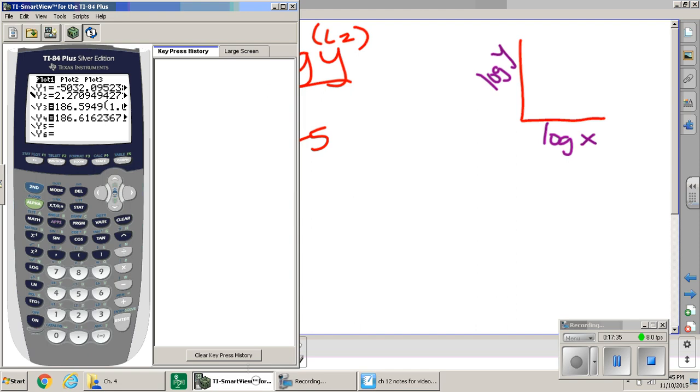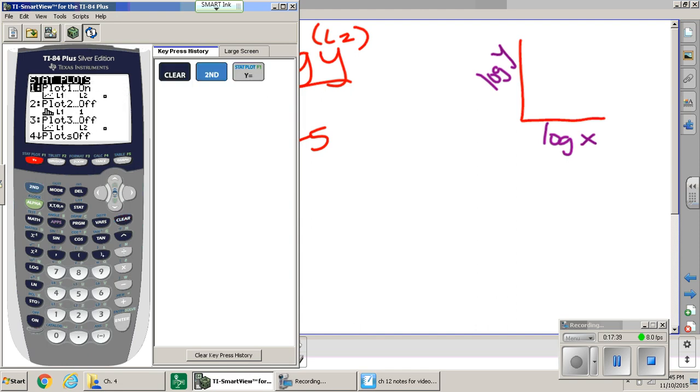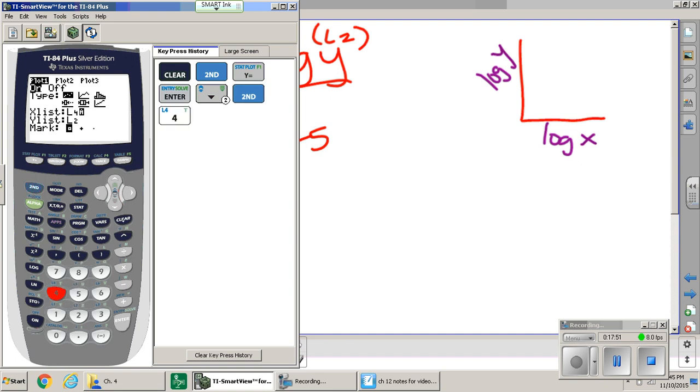So when you graph this, second y equals, hit enter. What two lists do we want to look at our data to see if it's linear? Good. Log of x is in L4, and log of y is in L5. Graph these two.